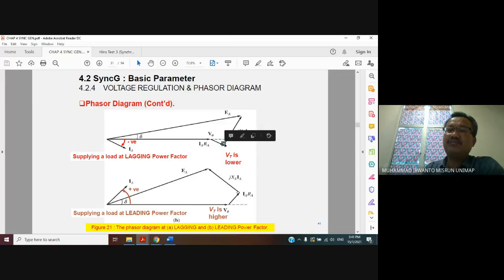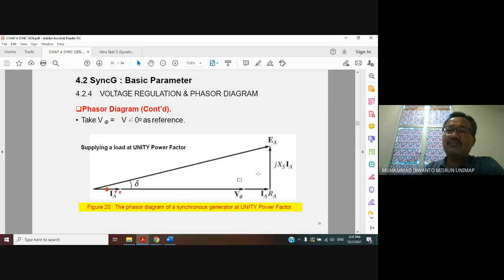Ya, perpendicular. Ini ya. Jadi ini kan perpendicular dekat sini, yang ini kan perpendicular. Yang ini juga perpendicular kan? And then last kali vektor EA itu adalah bermula dari vektor phase voltage hingga ujung JXSIA. Inilah vektor EA.